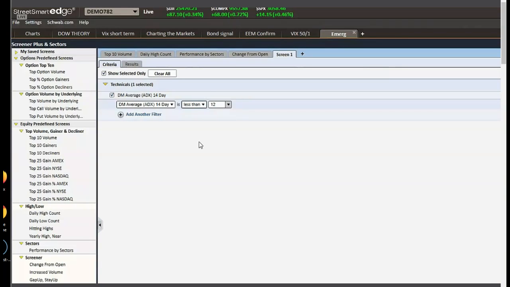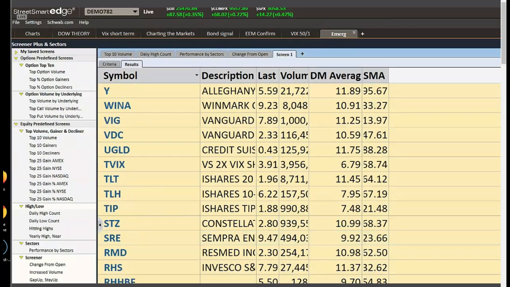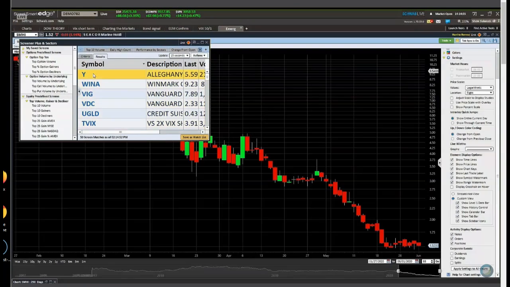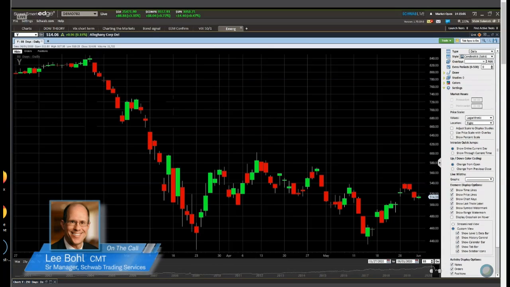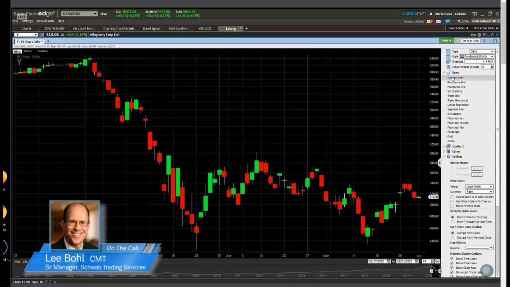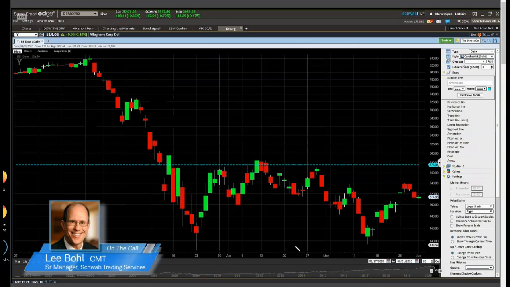Below 12, less than 12. All right, this might give us stocks that are relatively range bound. There you go, right? There's a stock in a nice trading range for you. So you could actually draw in the range if you wanted. So if you want to know how to find stocks that are range bound, again, you can use ADX. So there's lots of things you can do just by understanding ADX.